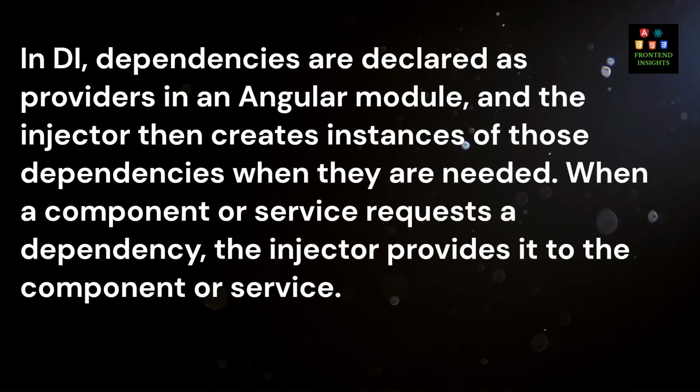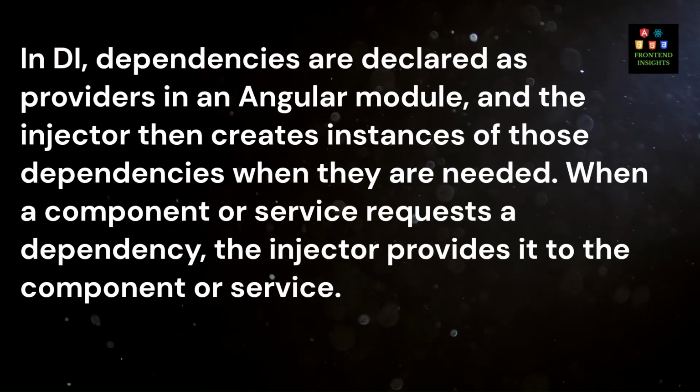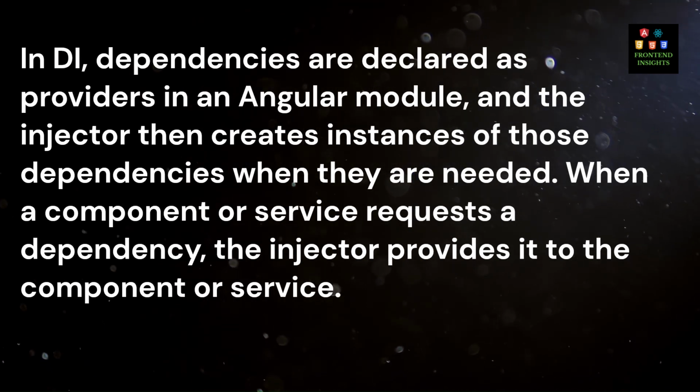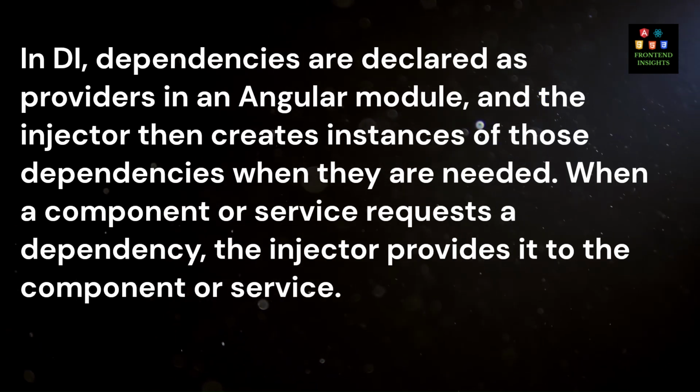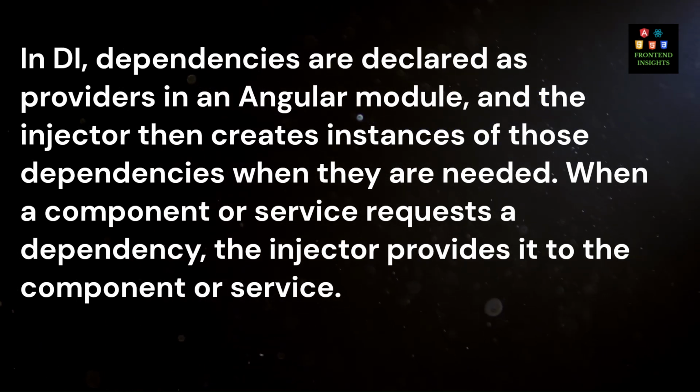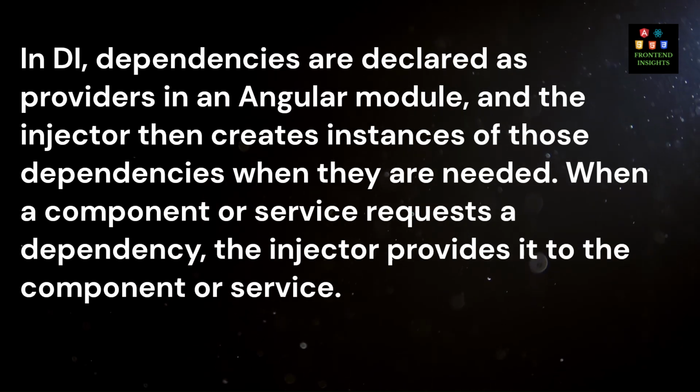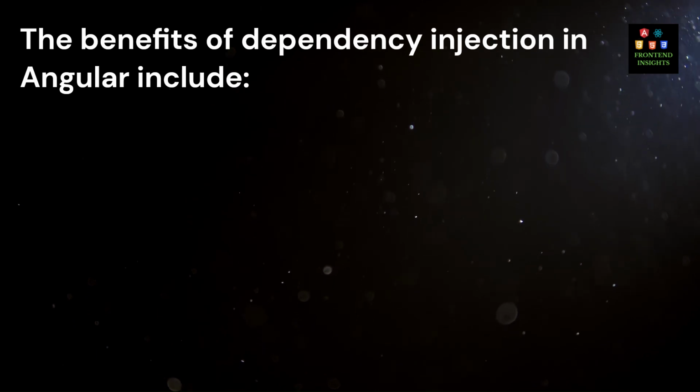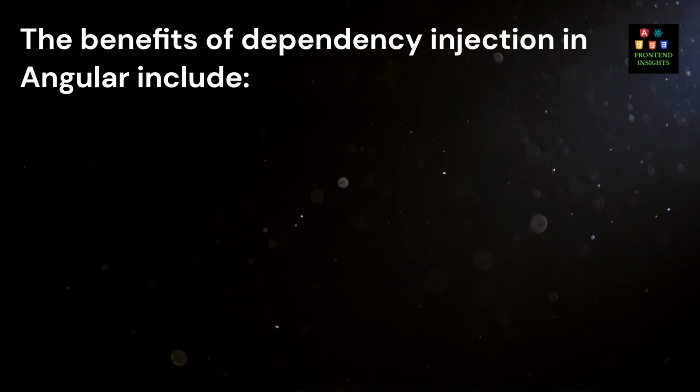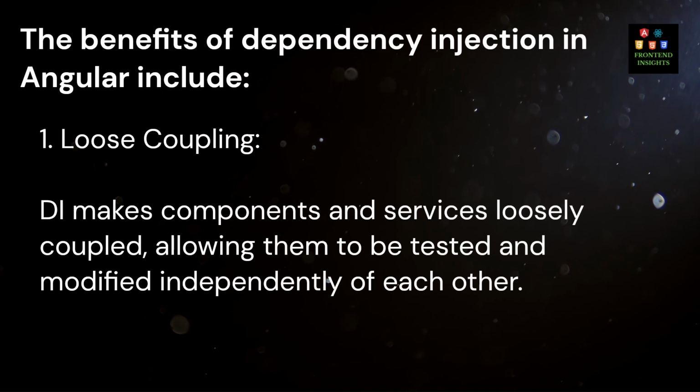In DI, dependencies are declared as providers in an Angular module, and the injector then creates instances of those dependencies when they are needed. When a component or service requests a dependency, the injector provides it to the component or service. The benefits of dependency injection in Angular include: first, loose coupling.